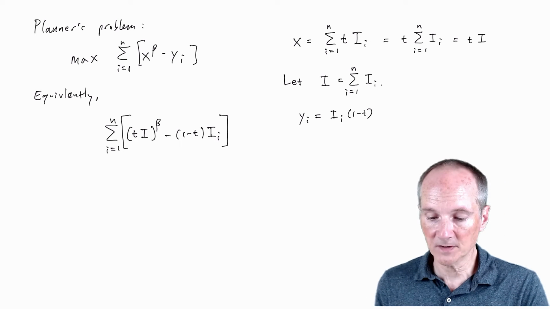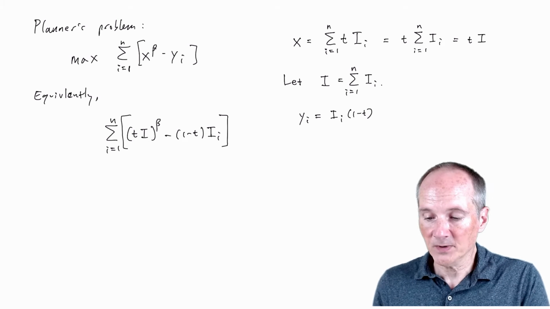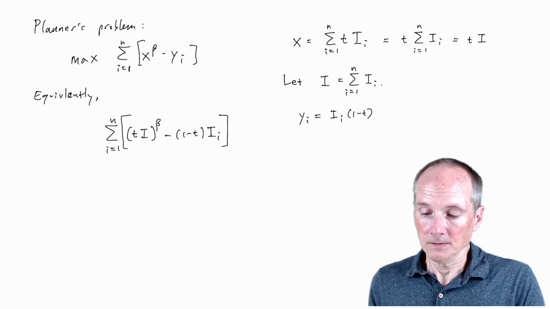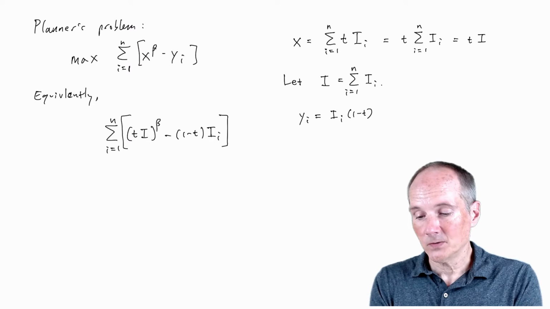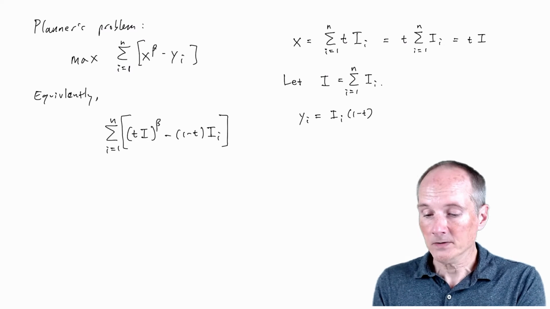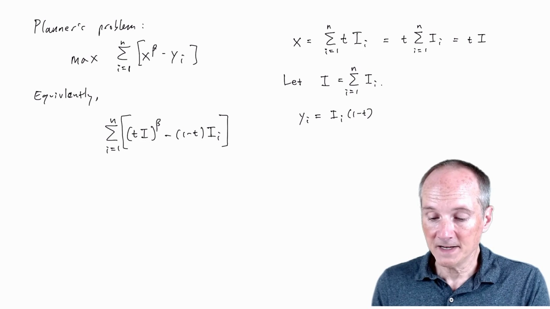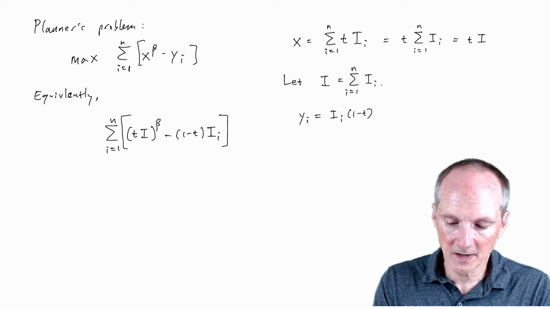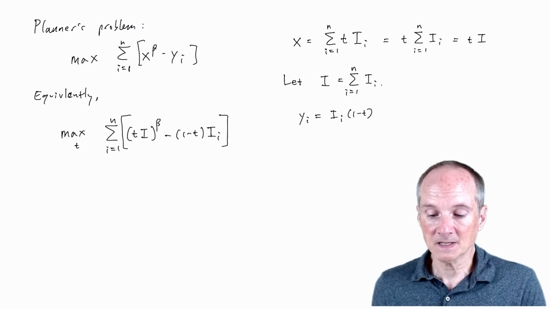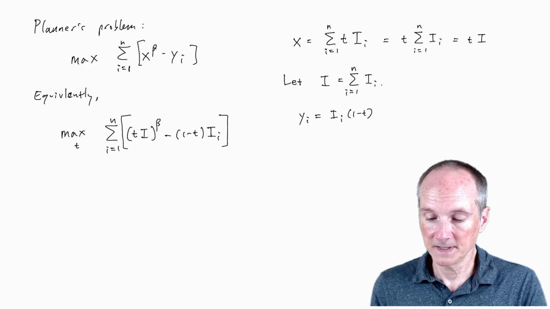Okay, so that's the planner's problem. And because of the structure, we're able to see that the project scale and the individual private consumption are all determined by a tax rate T. And so we can think about the planner as just maximizing with respect to the tax rate.